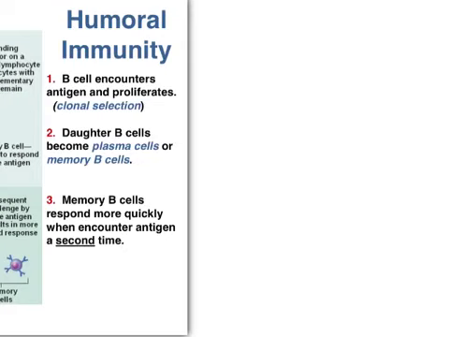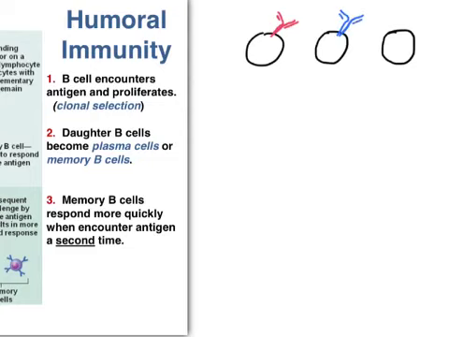Let's talk a little bit more about this. So to illustrate clonal selection, say you've got 3 B cells, each one with a different receptor. We have our red receptor, we have our blue receptor, and we have our black receptor. Now, a blue antigen comes in, and by a blue antigen I just mean an antigen that the blue B cell receptor can interact with.